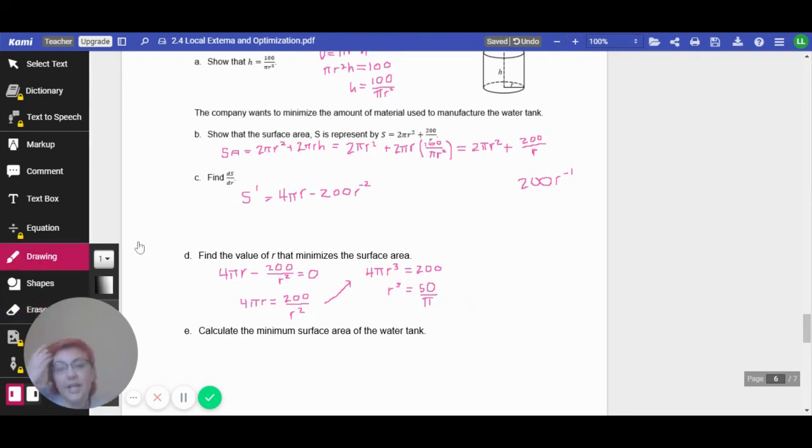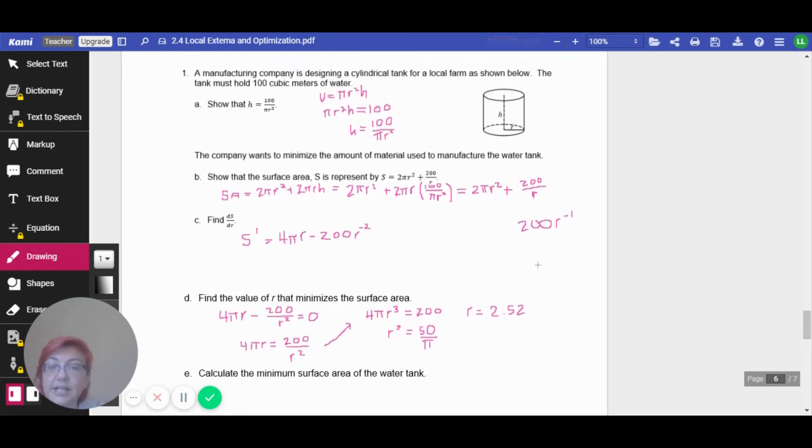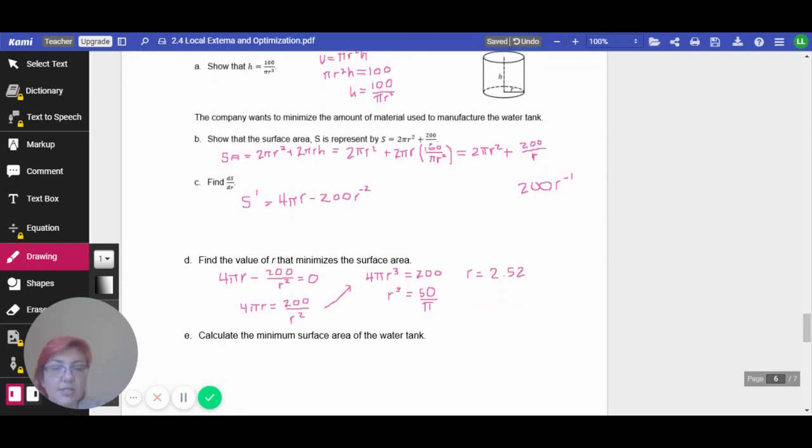From here, I need to take the cube root of both sides. R equals, and I'm going to use my calculator and go to 3 sig figs. So the cube root of 50 divided by pi is 2.52. So my radius is 2.52, and that is in meters.